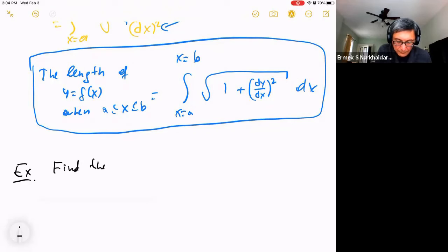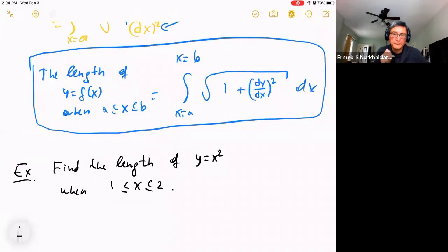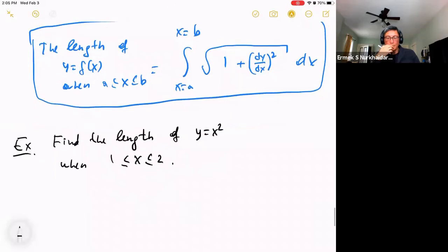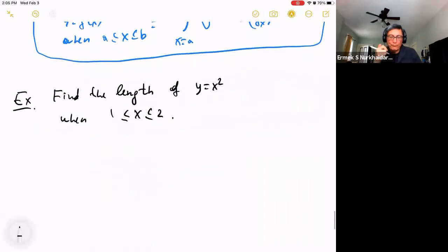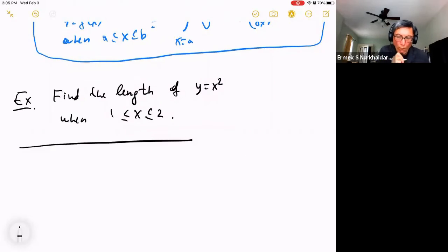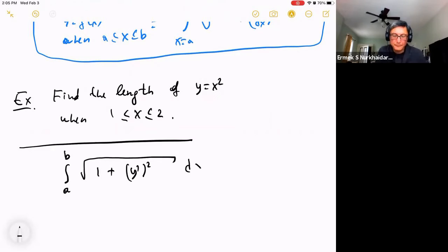Find the length of y equals x squared when x is between 1 and 2. So we have our formula: the integral of square root of 1 plus derivative squared dx.